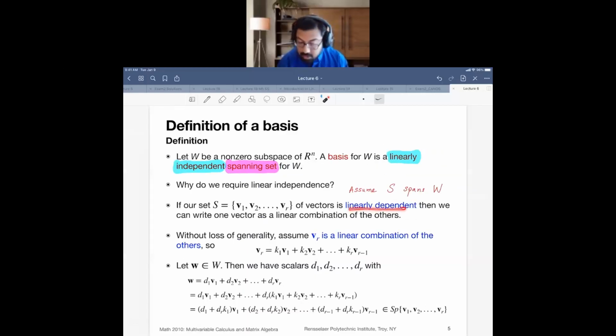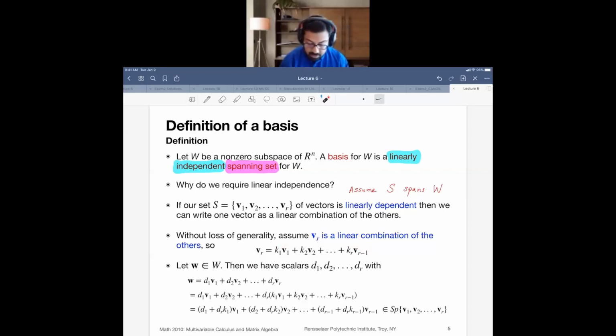So for linear dependence, let us assume this VR is dependent on all the others, V1 through VR minus 1, as some linear combination. So we can write VR as some linear combination of all the remaining vectors, V1 all the way to V sub R minus 1.